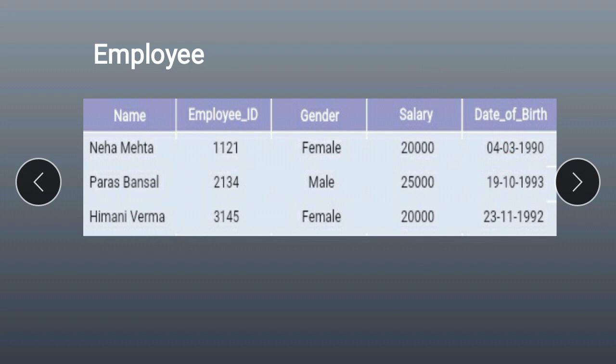Then this is the tuple. The set of tuples gives the cardinality. In this table the number of tuples is 3, so cardinality becomes 3, and the number of attributes is 5, so the degree of the relation becomes 5.